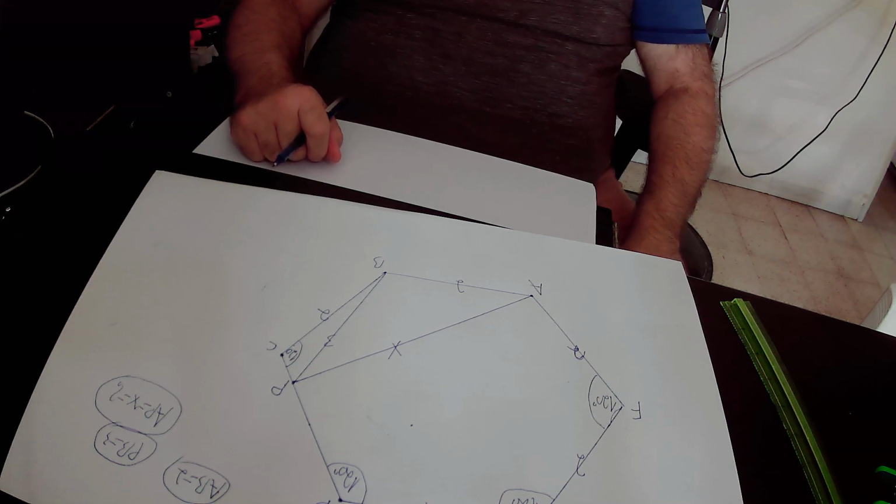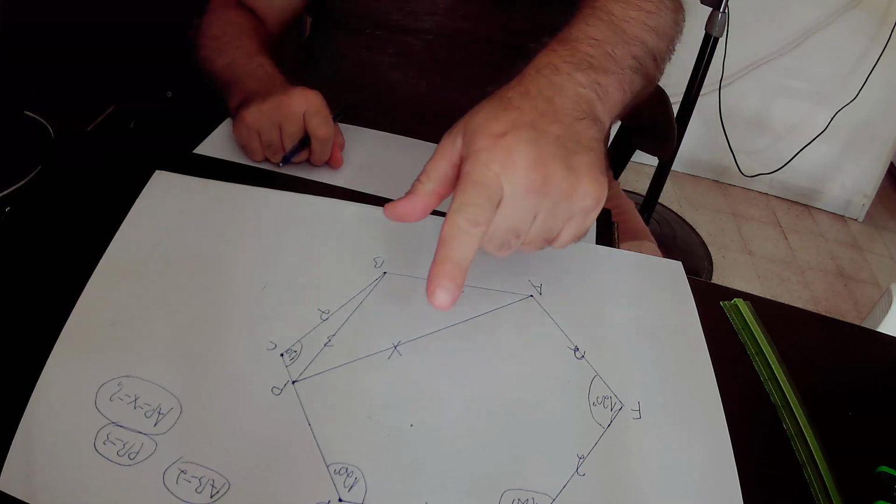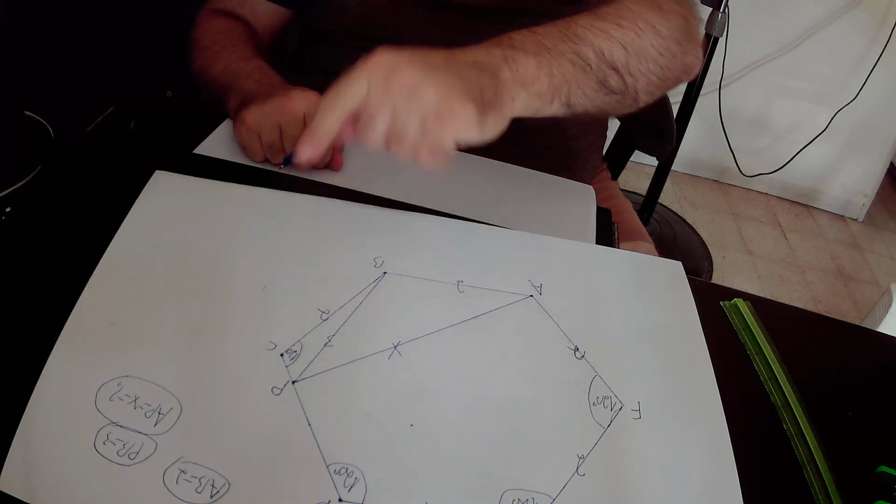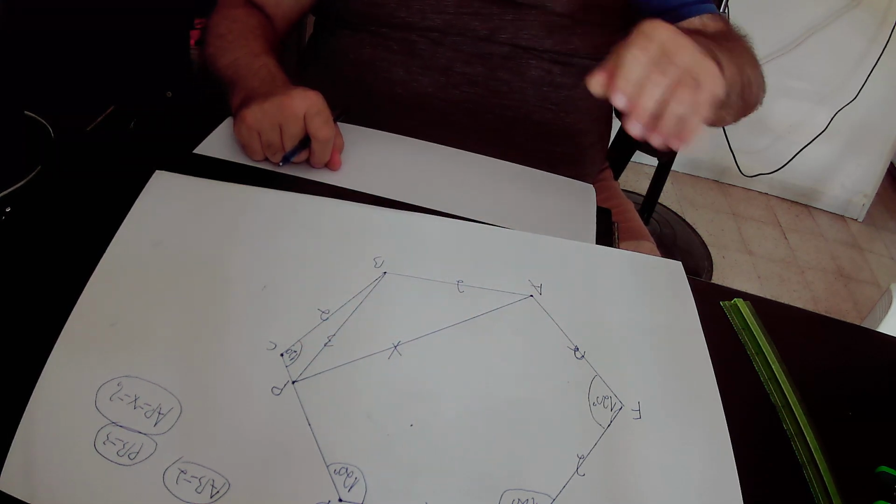So in the next step, we will extend side DC of this regular hexagon by a straight line.